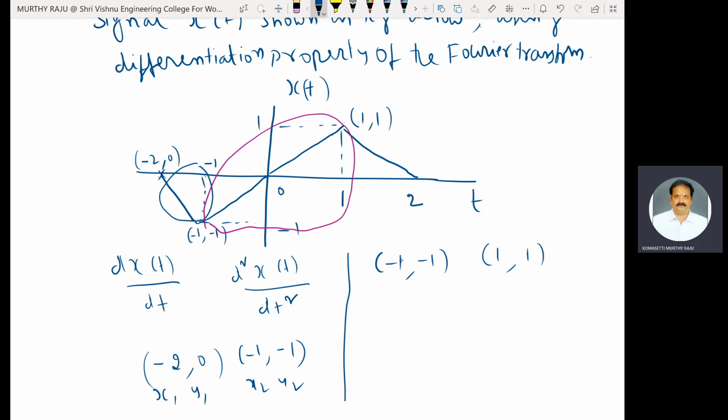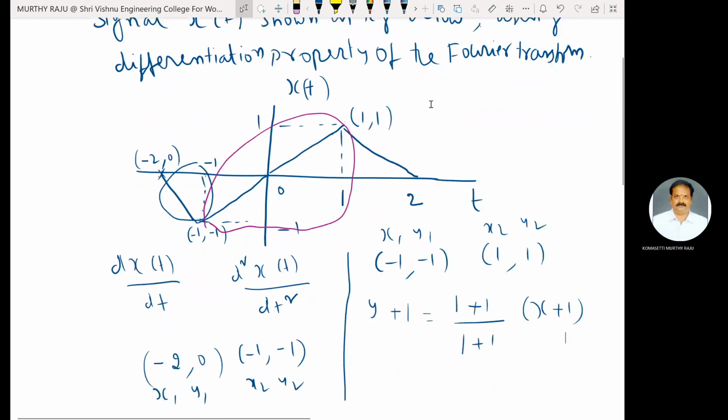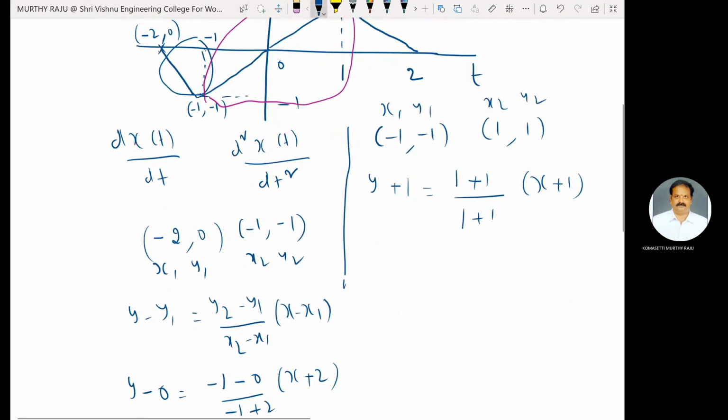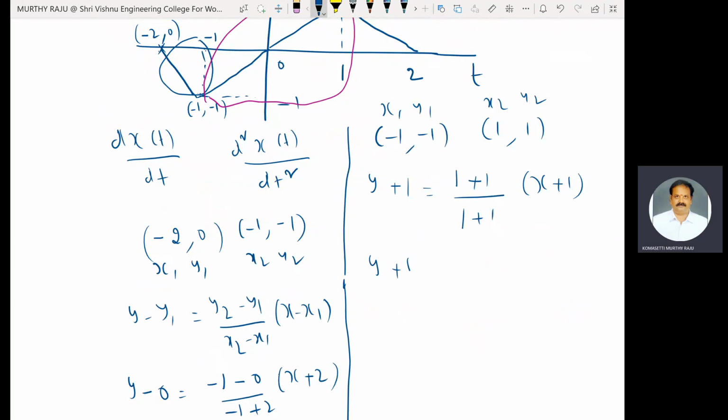You can find x1, y1, x2, y2. y plus 1 is equal to 2 by 2 times x plus 1.